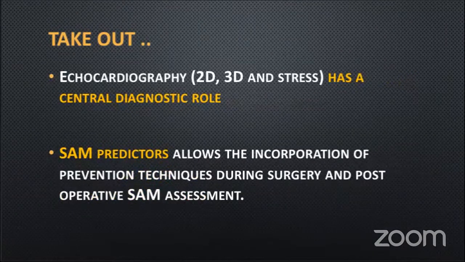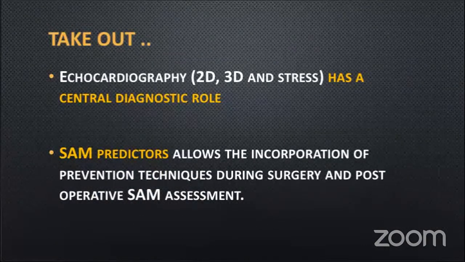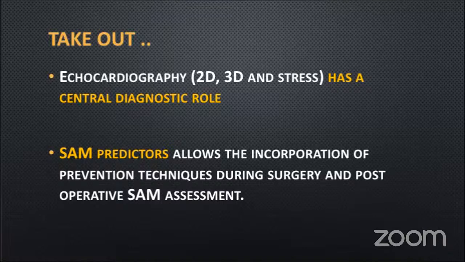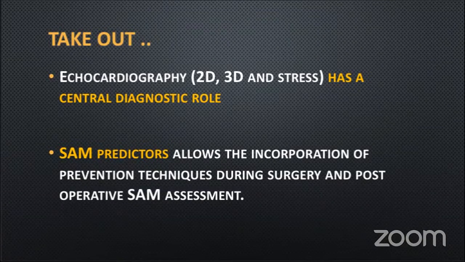Echocardiography, 2D, 3D, and stress echocardiography as a provocation study, has a central diagnostic role, as thoroughly explained by the respected Dr. Mahesh Shahid. Systolic anterior motion predictors, as also explained, allow the incorporation of prevention techniques during surgery and postoperative systolic anterior motion assessment.